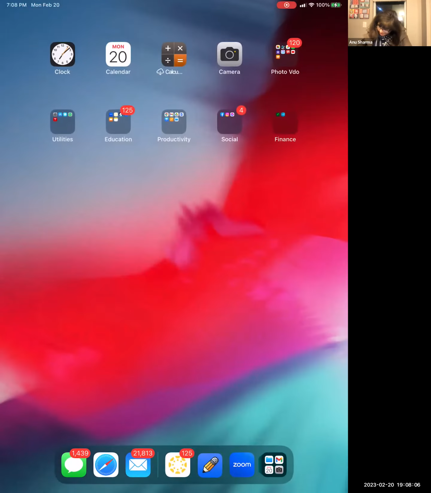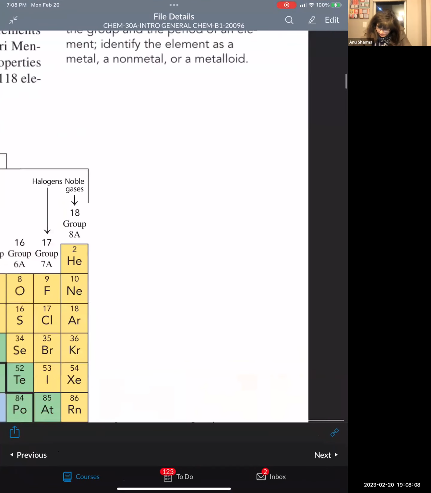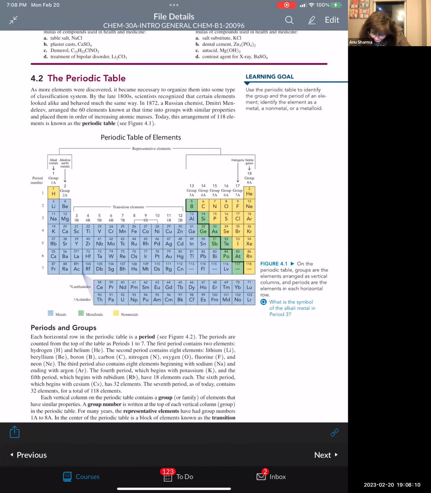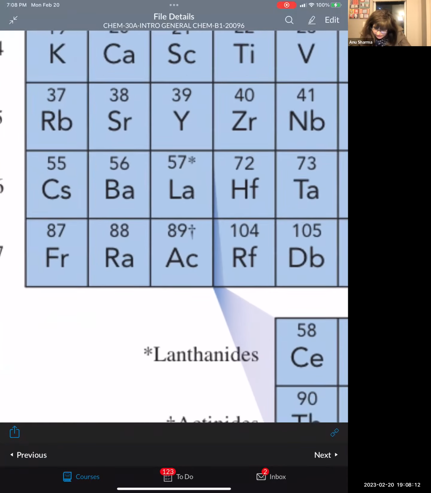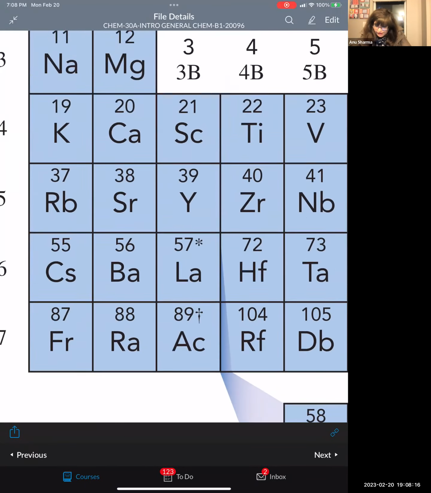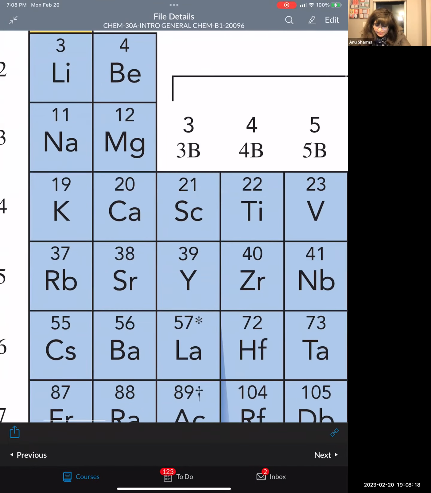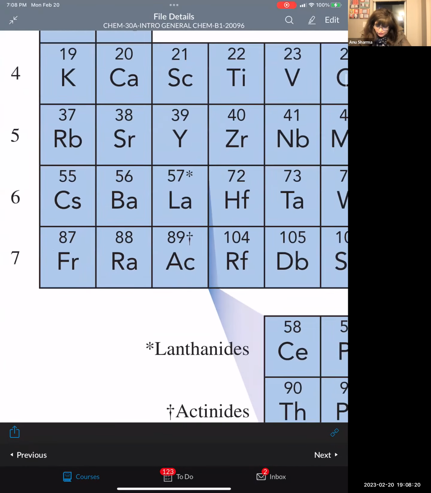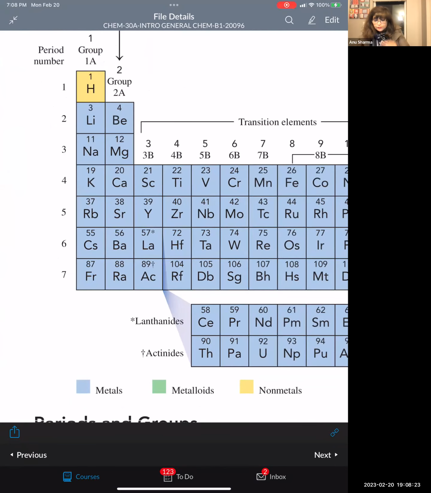Now let's look at radium. Radium is right here, group 2A. That means there are 2 positive charges. So all the group 2As will lose 2 electrons.